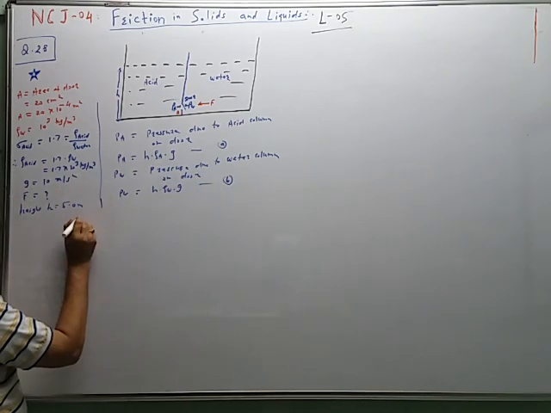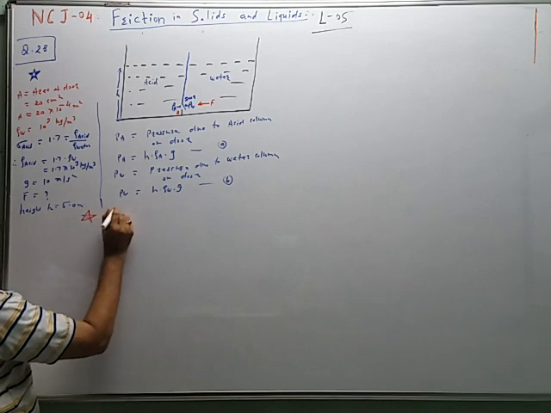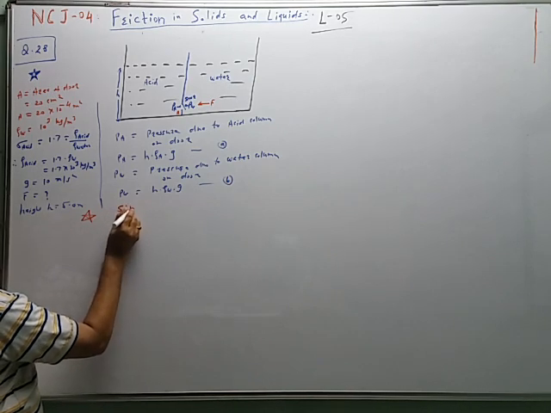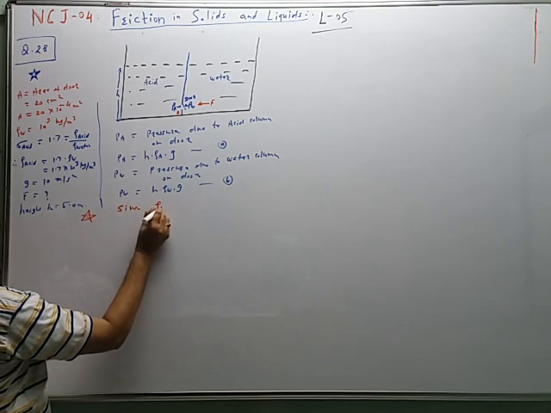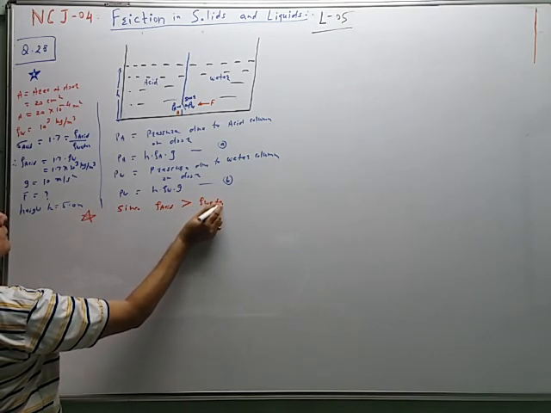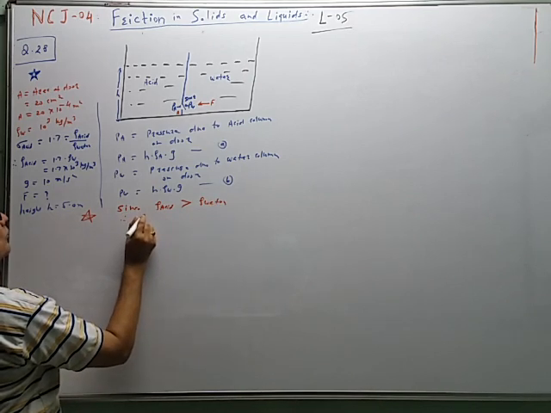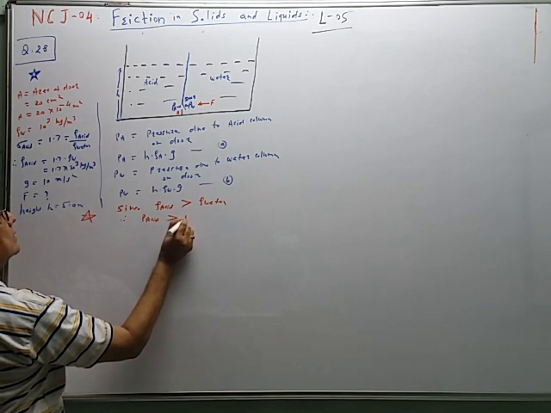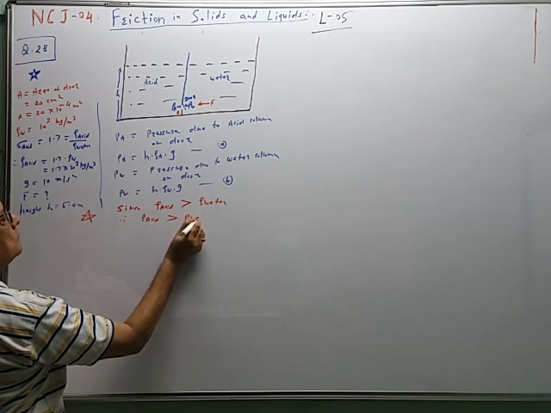This point is important. Since rho acid is greater than rho water, therefore P acid is greater than P water.